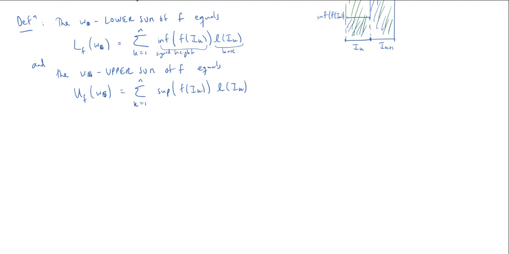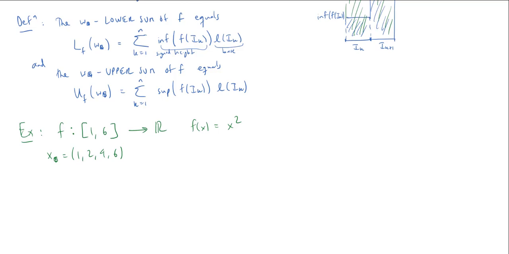Okay, so let's go back to this interval from the previous video, 1 to 6. And let's say I have a function f, and it's just going to be the square function. So f of x will just square everything. Let's say I have a partition x, which is going to be 1, 2, 4, and 6.